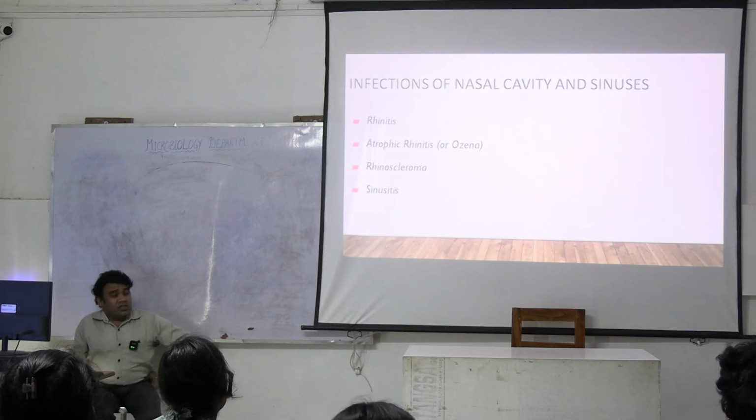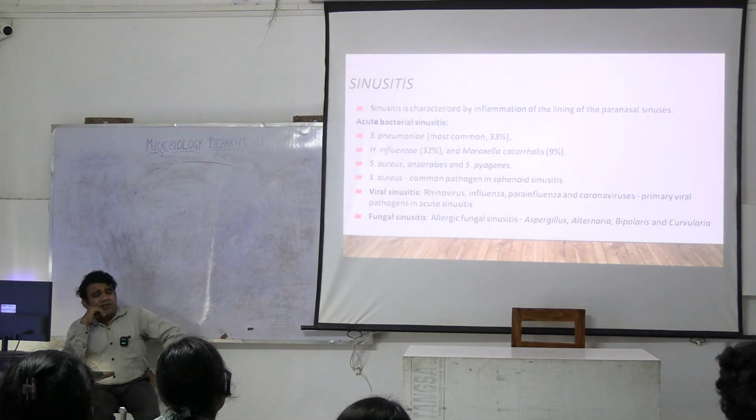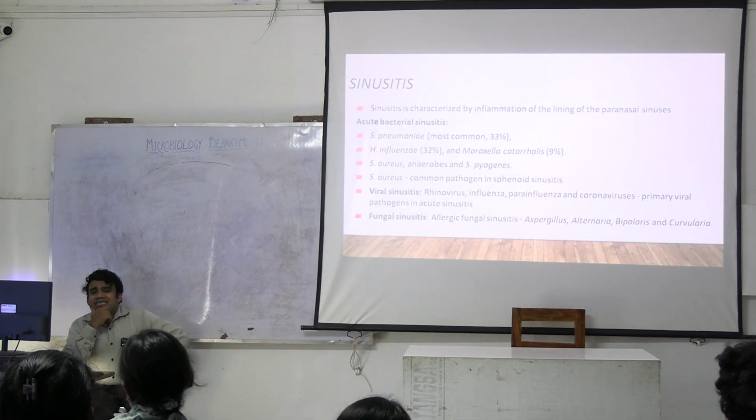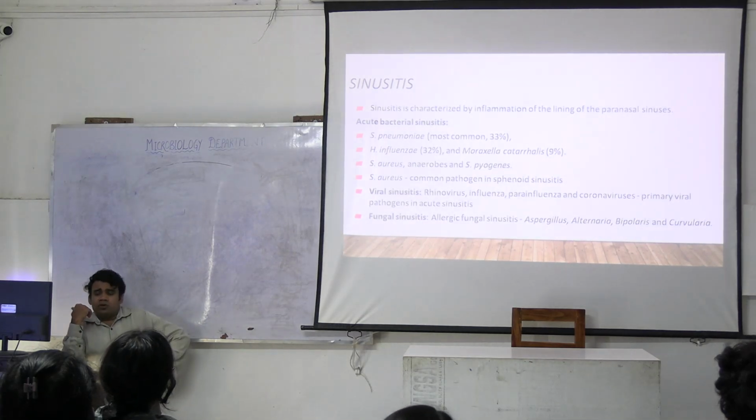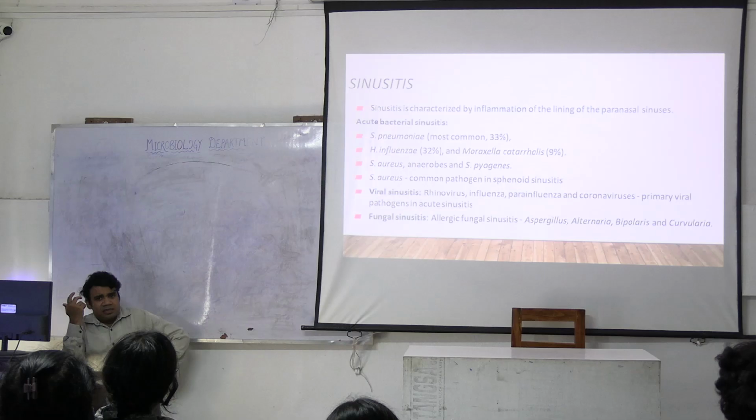Now coming to the infection of the nasal cavity and sinuses, the most common type of infection that you can see is rhinitis, commonly caused by rhinovirus, or commonly called the common cold. Other than that, the next common type of infection is called sinusitis. What is sinusitis? It is the inflammation of the mucosal membrane of the paranasal sinuses.